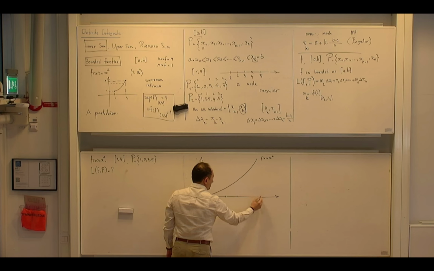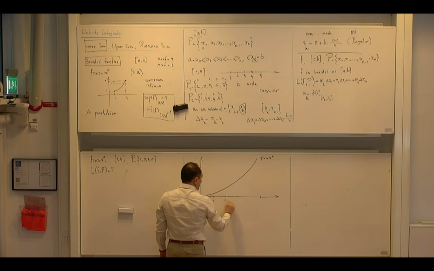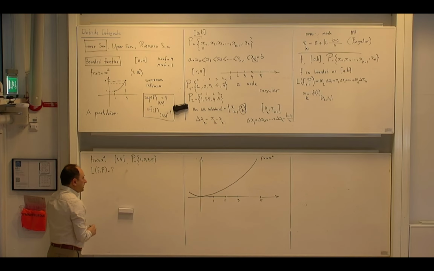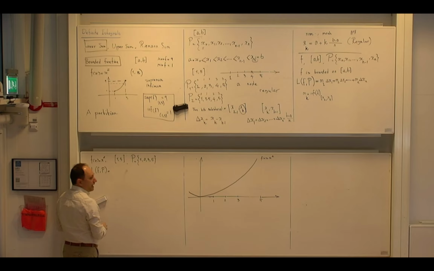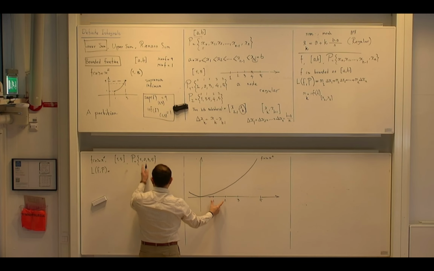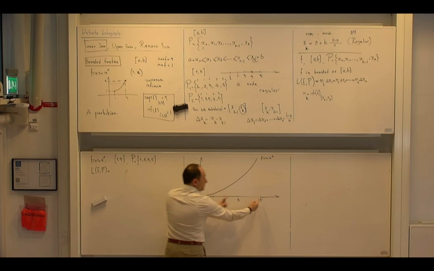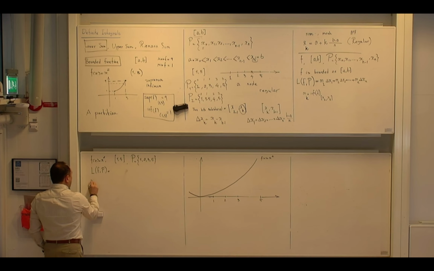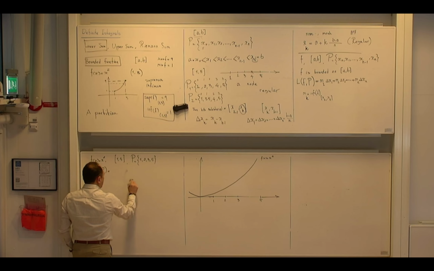So I'm here: 1, 2, 3, and 5. That's my partition. Okay, now what I want you to do is to write the formula. How many subintervals do I have from 1 to 5 in this partition? 1, 2, and 3. This means that I have to calculate m1, m2, m3, and I also have to calculate delta x1, delta x2, and delta x3.